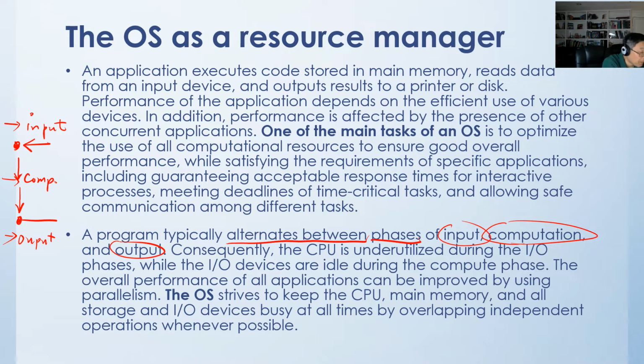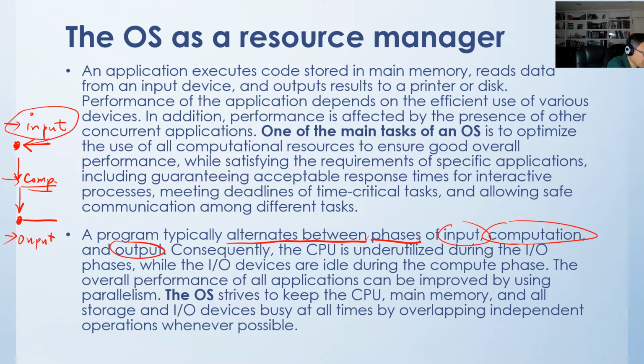So now the input and output is sometimes called I/O phases. Now this computation is sometimes called the computation phase or CPU phase. When a program is in the input phase, the program is not using the CPU.